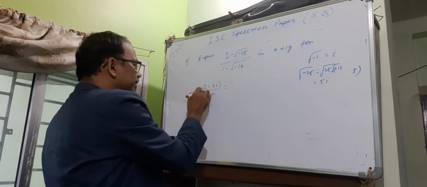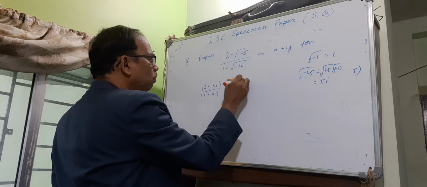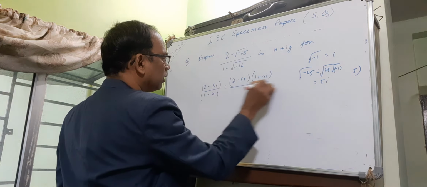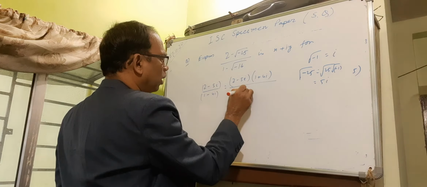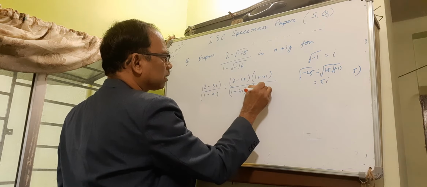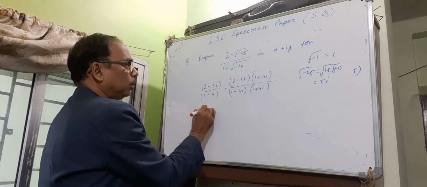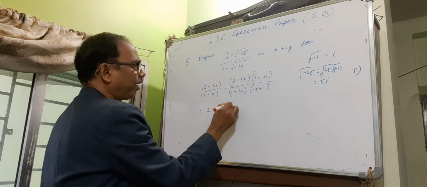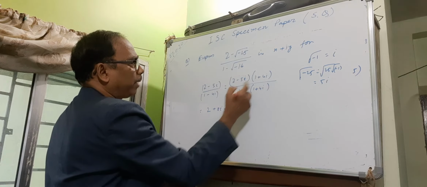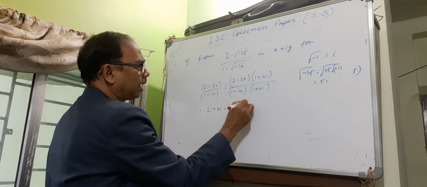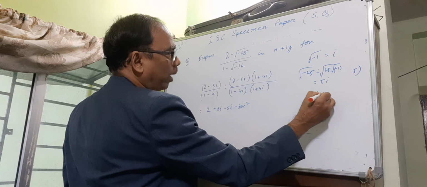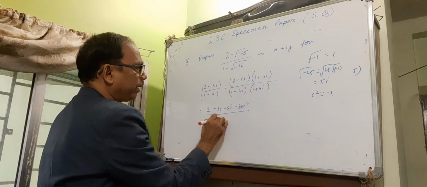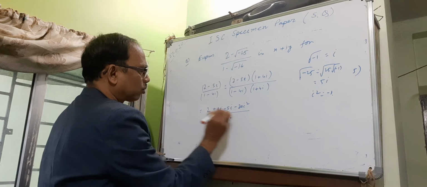Now rationalizing this: (2 minus 5i)(1 plus 4i) over (1 minus 4i)(1 plus 4i). Now multiply: 2 plus 8i minus 5i minus 20i squared, over 1 minus 16i squared. You know i squared is minus 1.